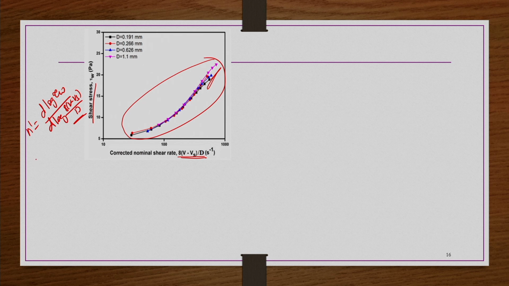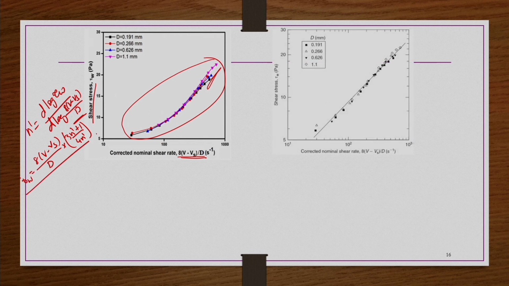Then you can find out the true shear rate as (3n prime plus 1) by 4n prime. This is how you can get the true shear rate.